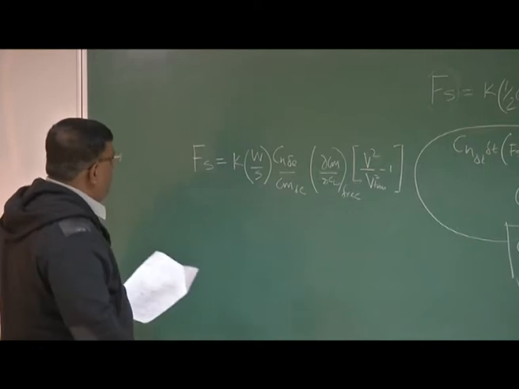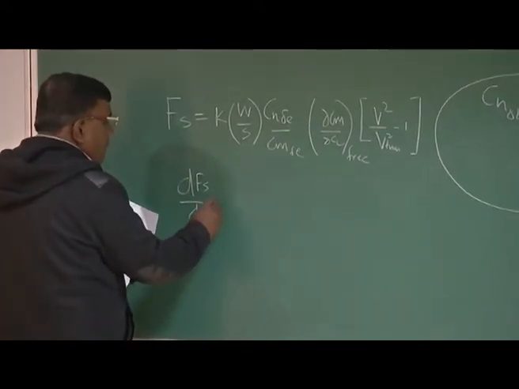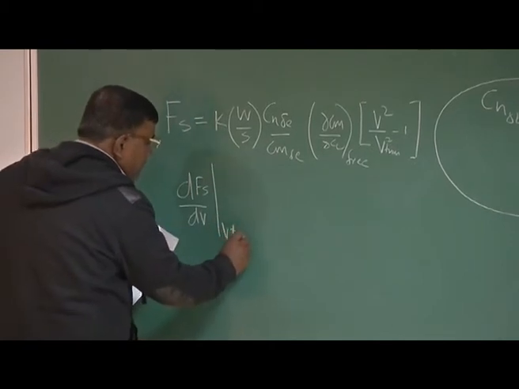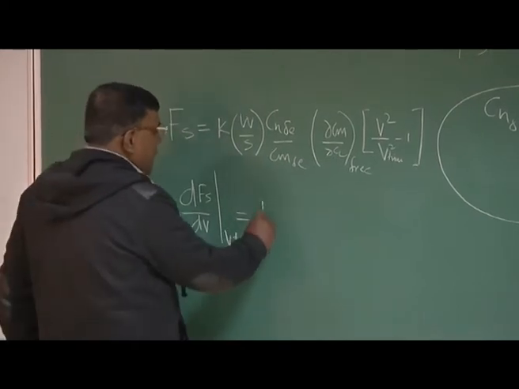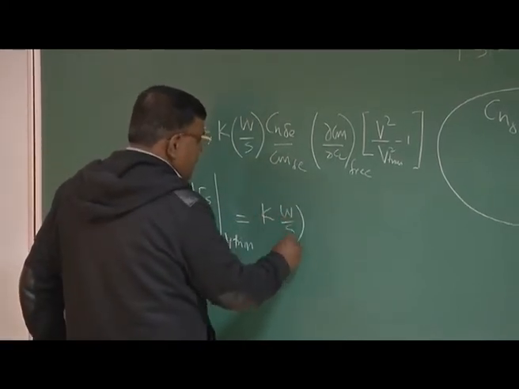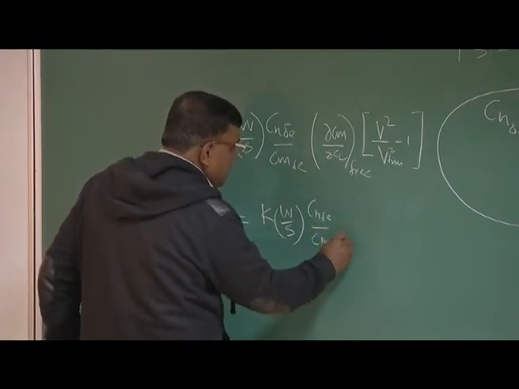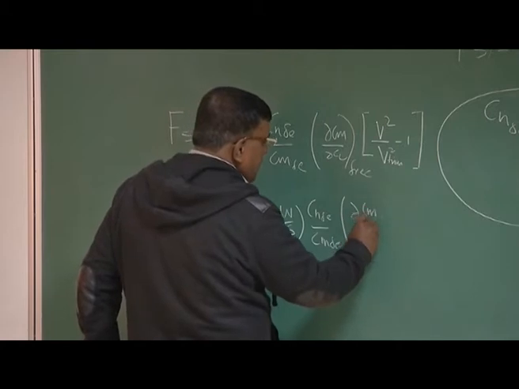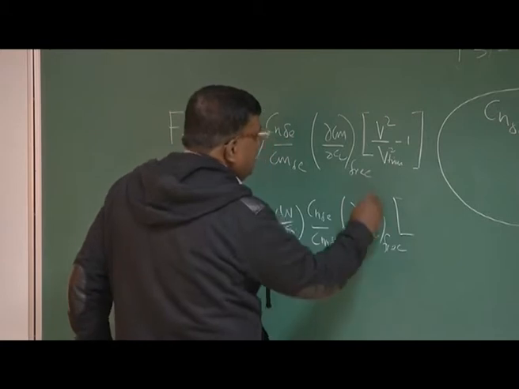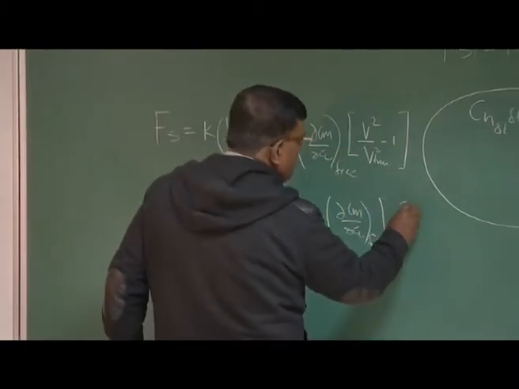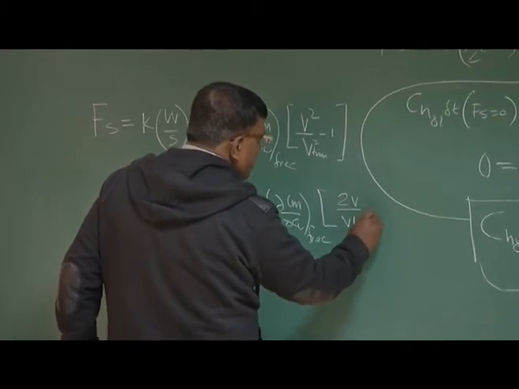So this is Fs. Now what is dFs by dV at V trim? That is the question we are looking for. So you could see, first I find dFs by dV, so this will be k W by S, Ch delta e by Cm delta e, dCm by dCl free, and here I will get 2V by V trim square.